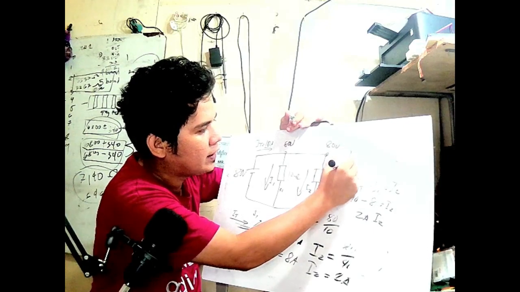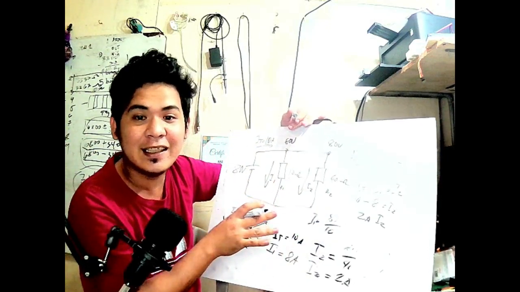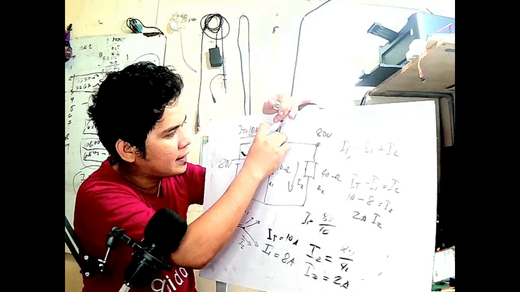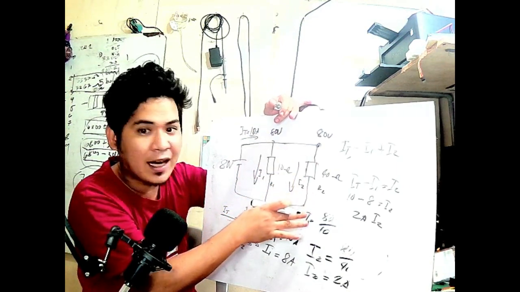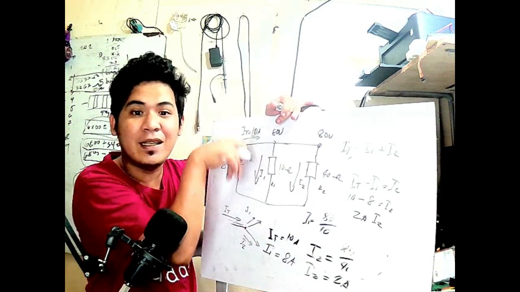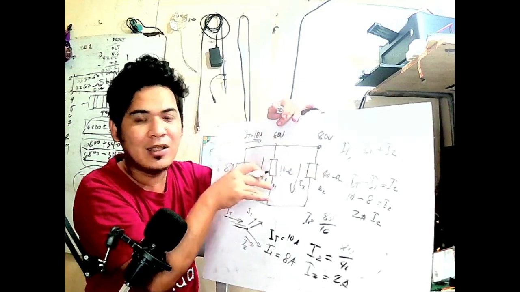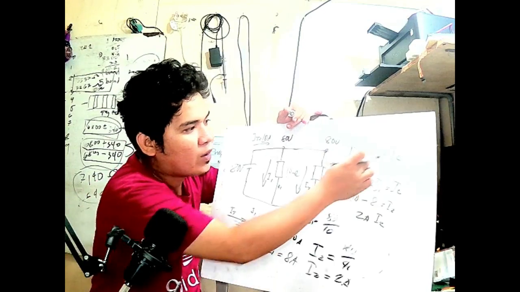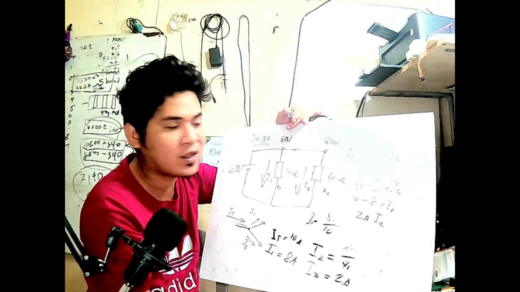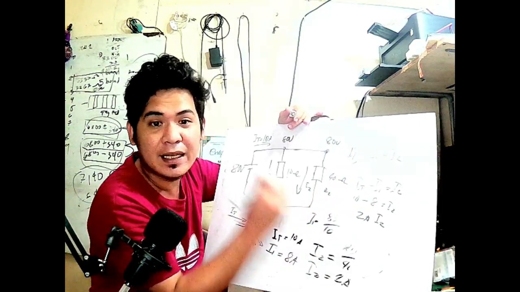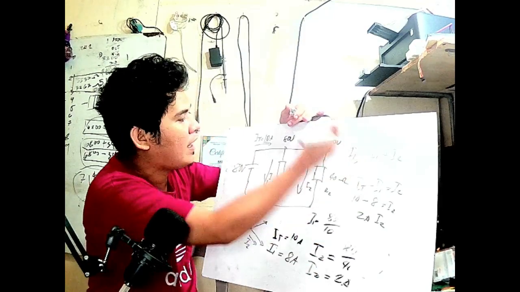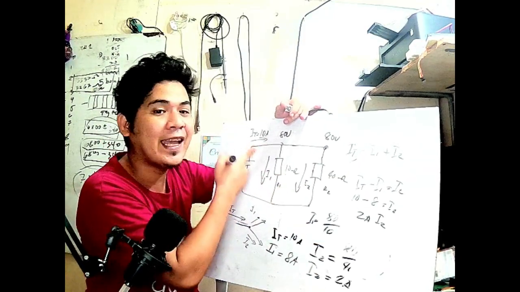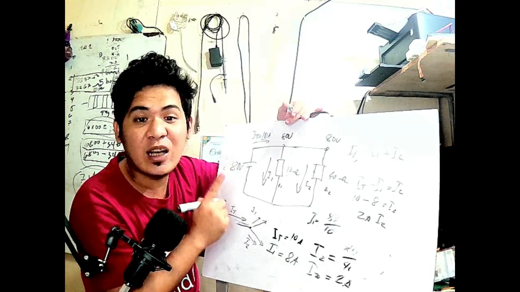Ito yung enter the node, yung I total natin, nag-enter siya dito sa node na to, tapos yung current na dalawa, nag-split kasi magkakaibang current sila, that's leaving the node. So, yung leaving the node natin, yung I1 saka I2, yung I1 natin is 8 amps, yung ating I2 is 2 amps, is equivalent niya pag pinag-add natin 10 amps, which is yung ating enter the node na current is 10 amps, which is equal.